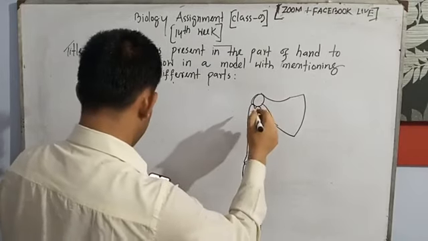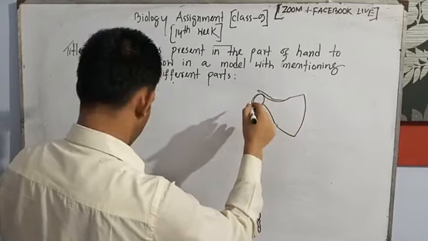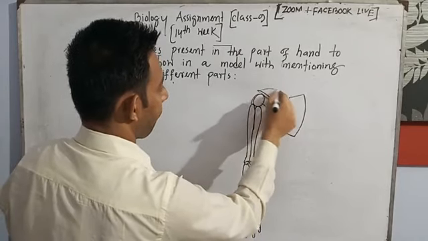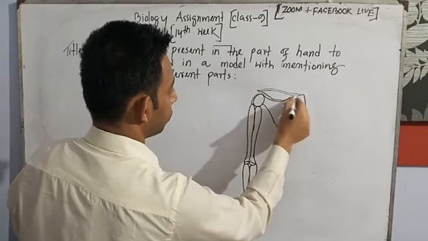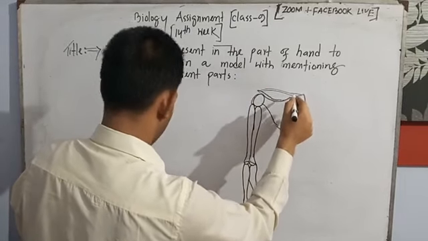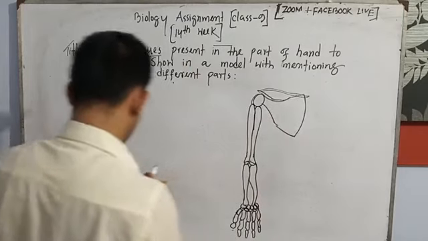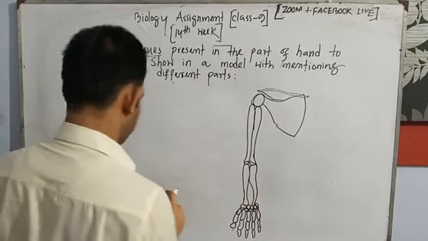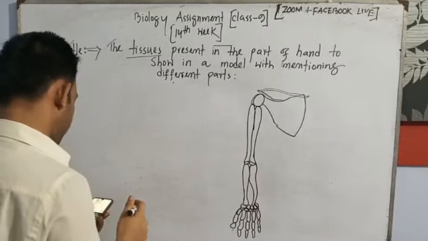This is a clavicle. There is a clavicle also on there. And this is the structural figure up there.